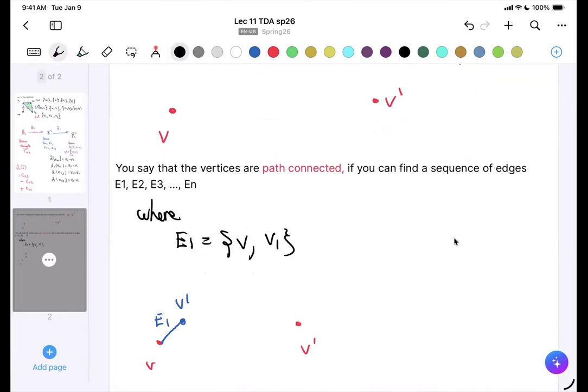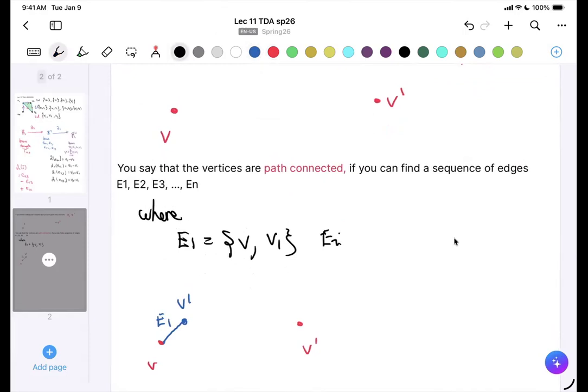And the second edge goes from V1 to another vertex. So E2 goes from V1 to this other vertex V2. Why am I calling this V prime? I should have called this V1. Sorry about that. So this is V2.